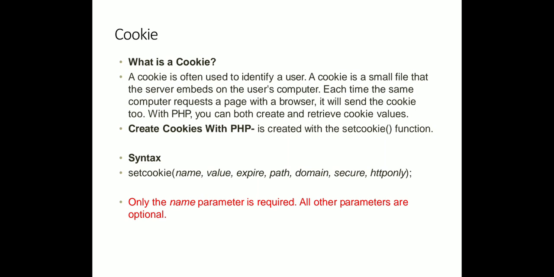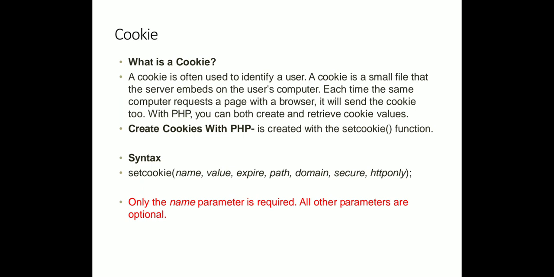So what actually is the cookie? It is a small text file which is used to store the session data. So the basic important work of cookies is nothing but to store the session data. But what the session is, we are going to see in the next part.